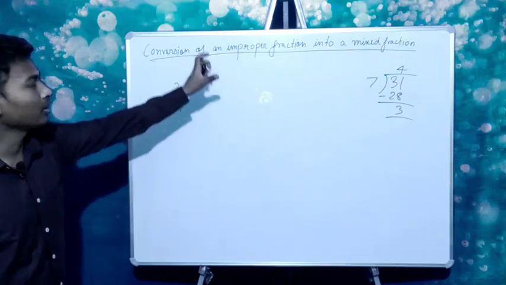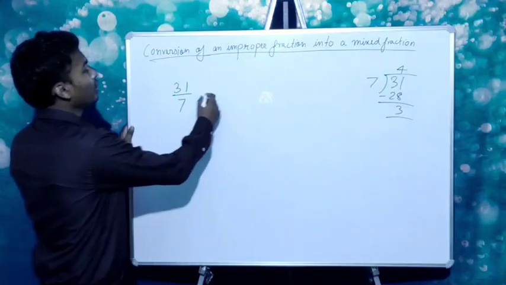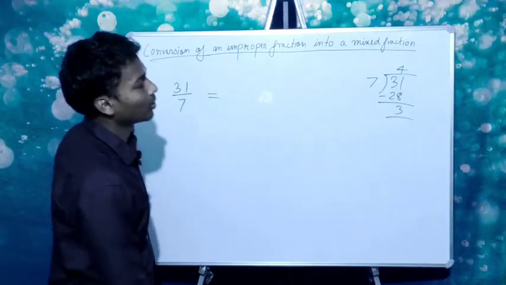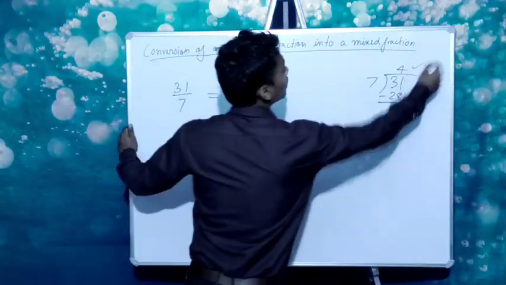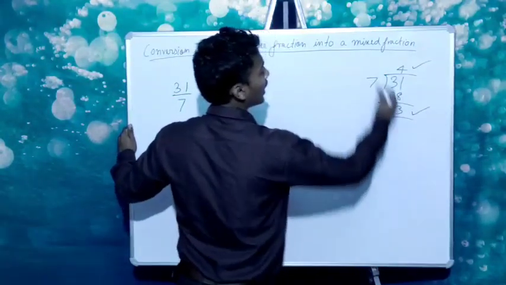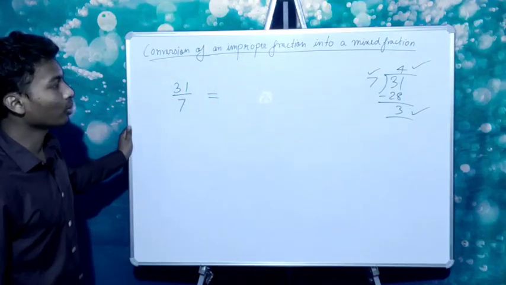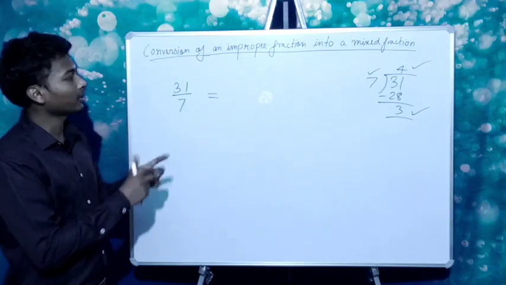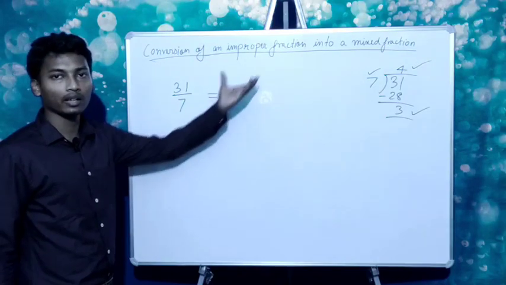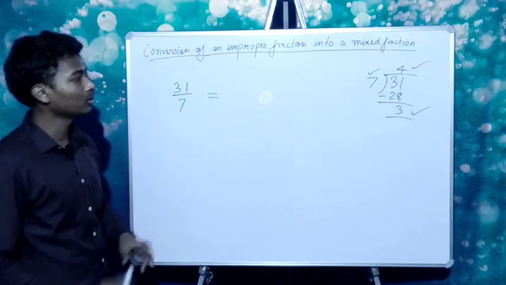Now the mixed fraction will consist of the quotient, the remainder and the divisor. Now you know how to represent a mixed fraction, right? We have the integral part and the fractional part.